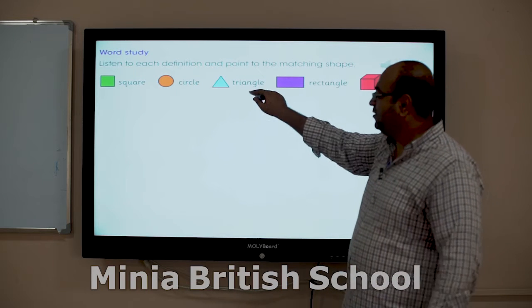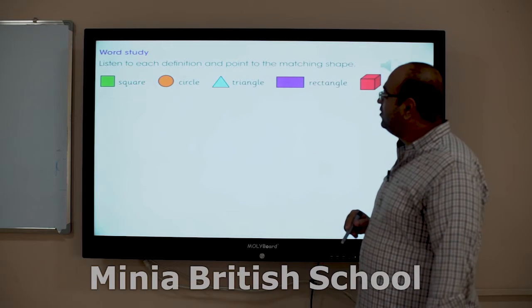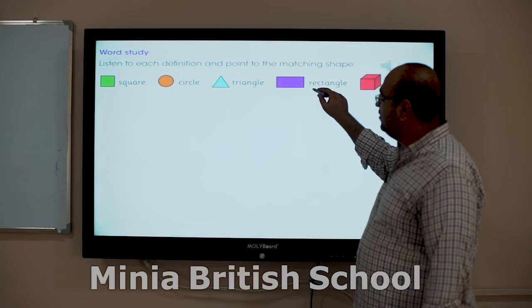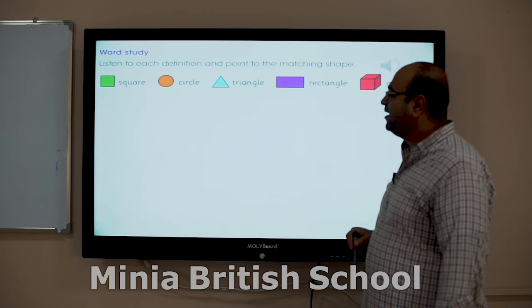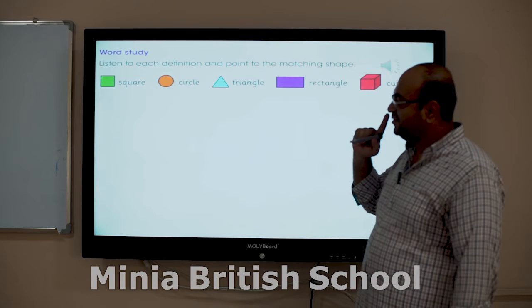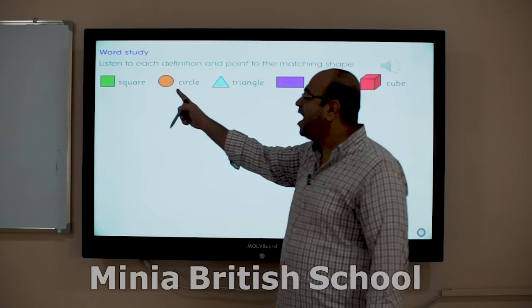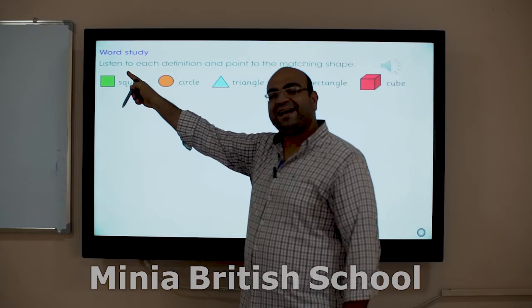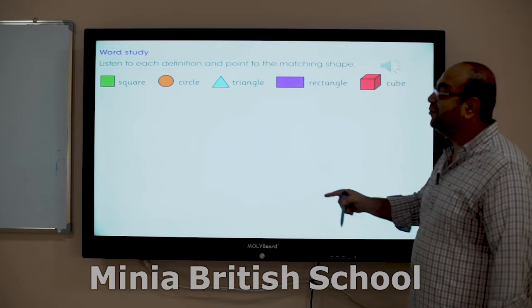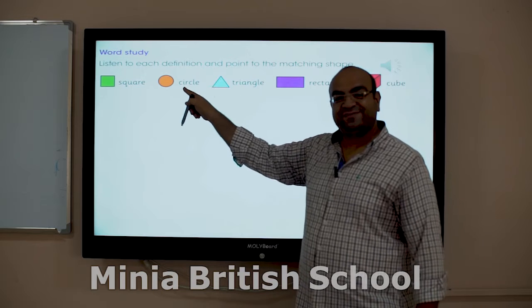This shape has 4 straight sides and 4 corners. 2 sides are long and 2 sides are short. 3. This shape has 4 straight sides and 4 corners. All 4 sides are exactly the same. 4. This shape is round. It doesn't have any corners.